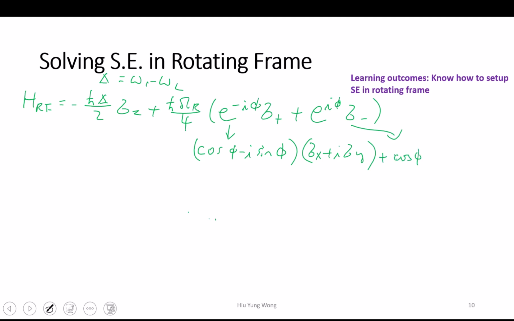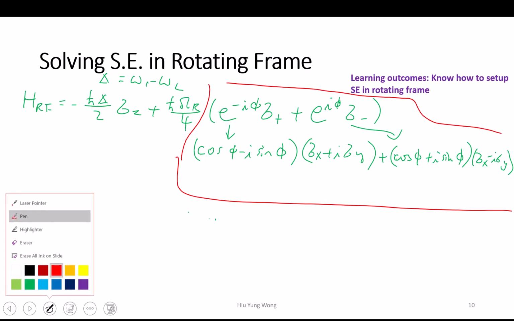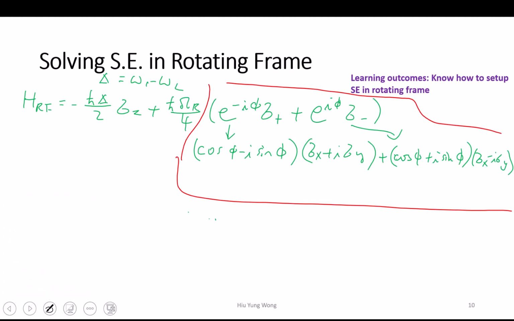Cosine phi plus i sine phi, and then sigma minus is sigma x minus i sigma y. I'm only talking about this part. What do we get? You just go through the terms.